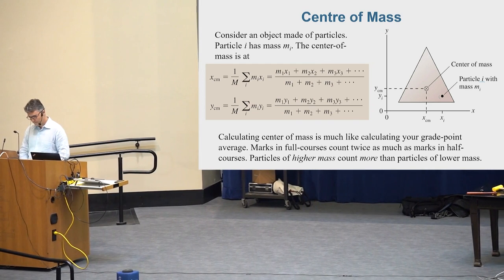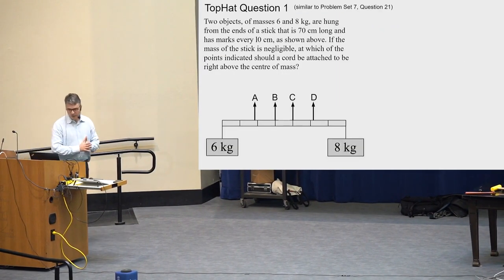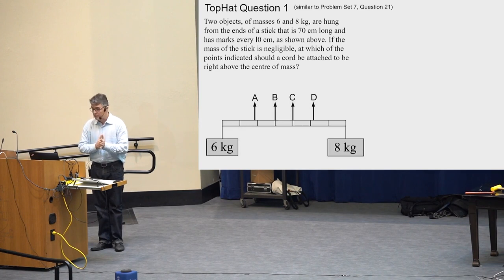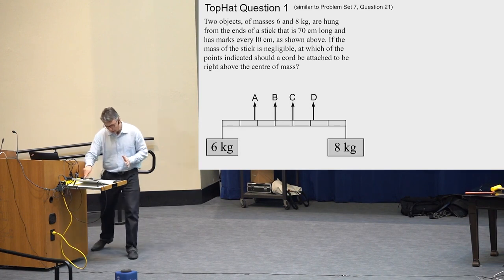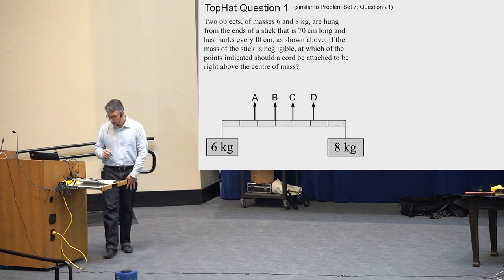Let's do an actual question. Looks like this. Two objects of masses 6 and 8 kilograms are hung from the ends of a stick that is 70 centimeters long and has marks every 10 centimeters as shown above. Does that make sense? 1, 2, 3, 4, 5, 6, 7. Yeah, so 70.